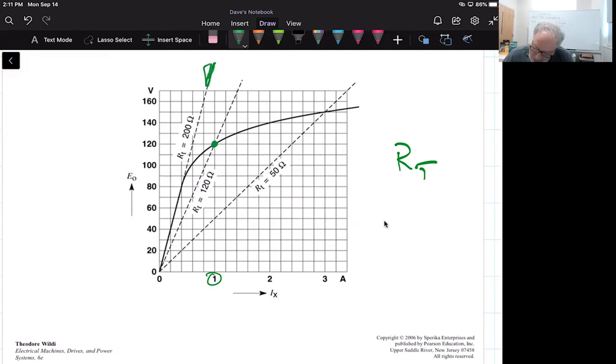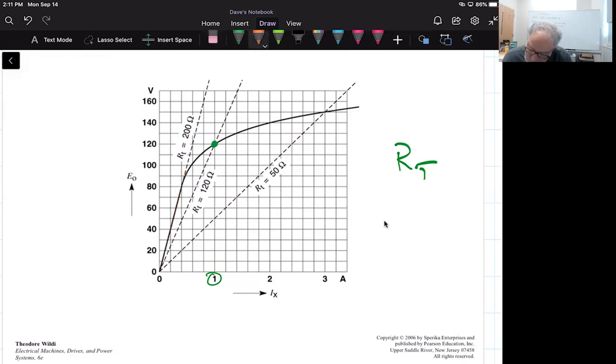That point on the curve is a critical value where the slope of the resistance line is equal to the saturation curve. They're right there on top of each other. We can't even discern a difference between the two.